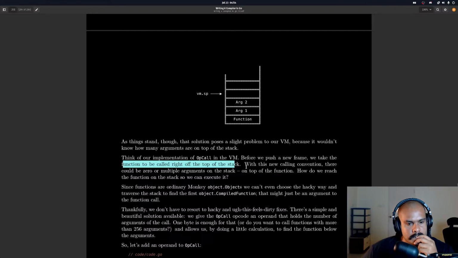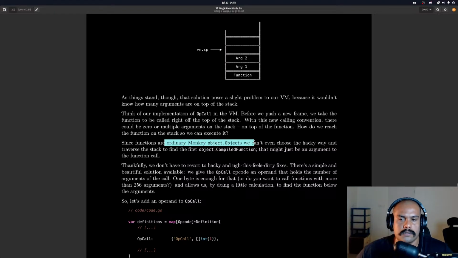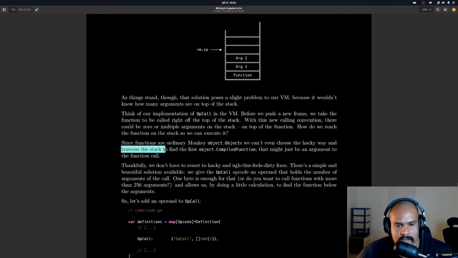Interesting. How do we reach the function on the stack so we can execute it? These functions are ordinary monkey objects. We can't even choose a hacky way. I mean, we can do it in Zig because you know what the tag name is. Yeah, but I don't like this idea. That might just be an argument to the function call.